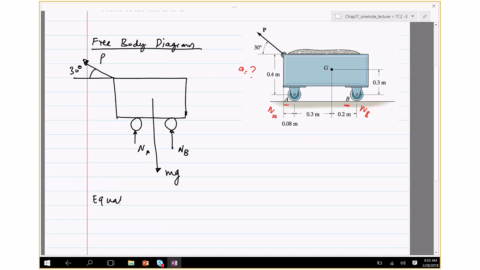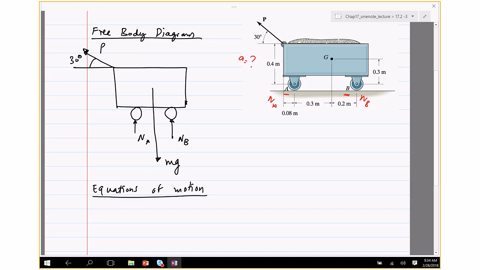So let's set up the equations of motion. Now this particular cart is moving along the x-axis, so this is a rectilinear motion problem. It's not a curvilinear motion, so we have to use x, y to describe the acceleration.